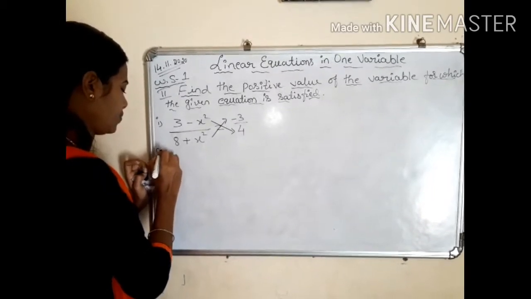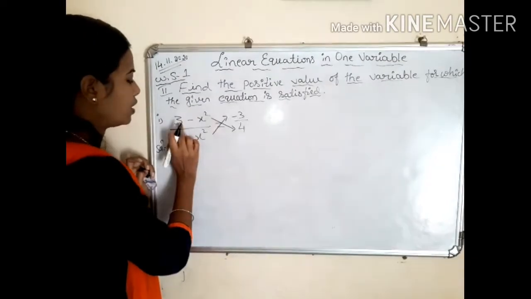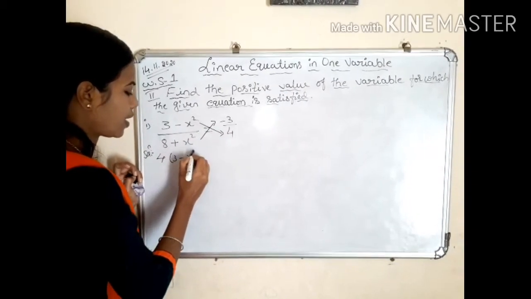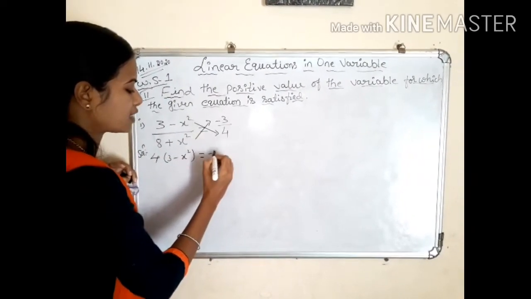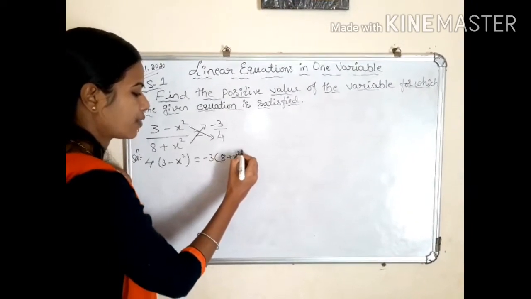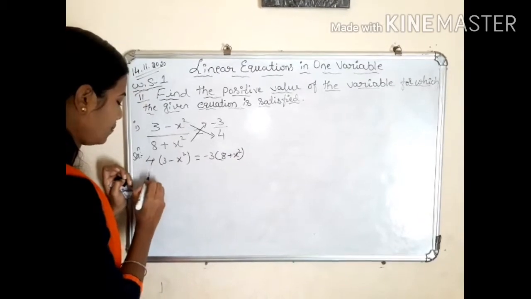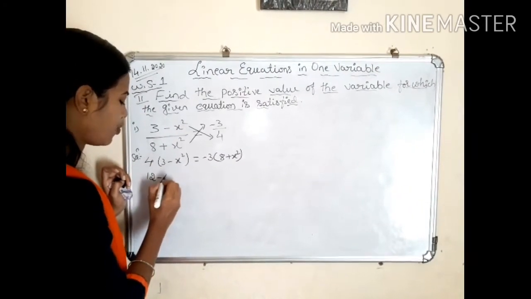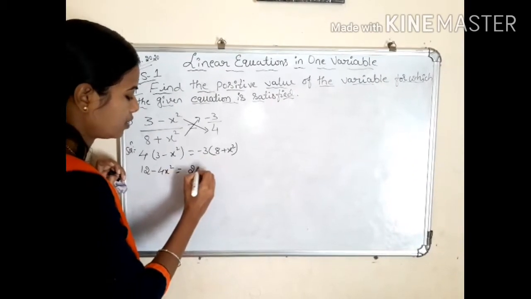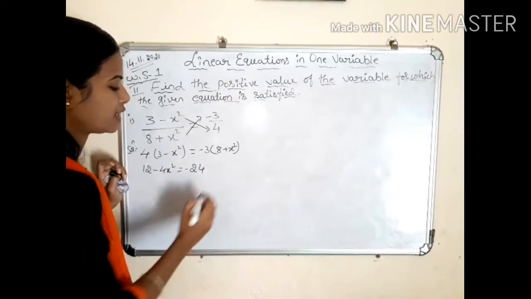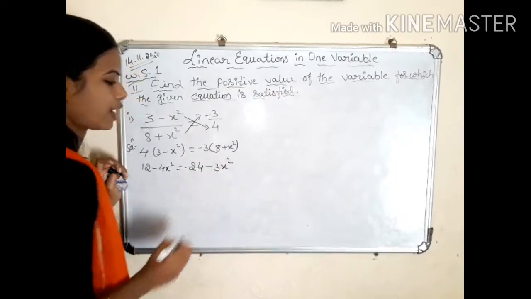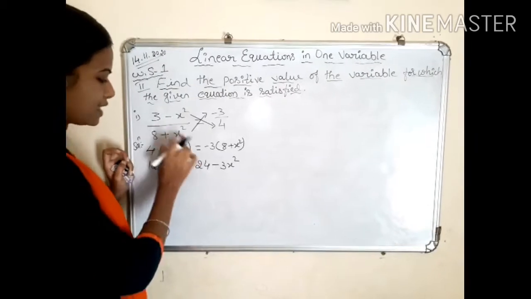Solution: 4 multiplied with (3 minus x square) is equal to minus 3 multiplied with (8 plus x square). 4 3s are 12 minus 4x square is equal to minus 8 3s are 24 minus 3x square. Just multiply the number inside the bracket.